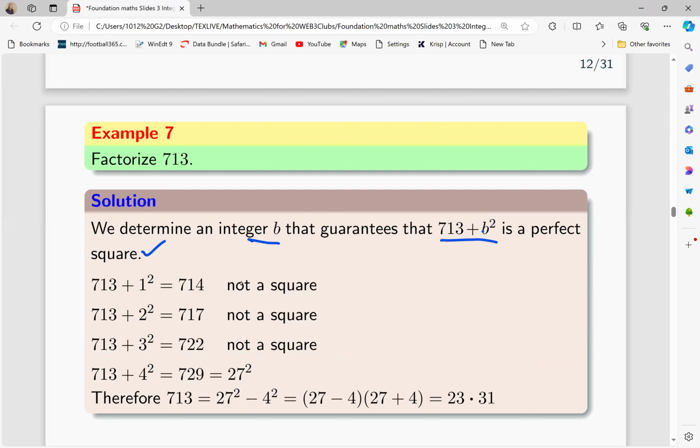We're just trying to see which one will give us a perfect square. So we try 1. We have 713, and we add 1 squared, which gives 714. 714 is not a perfect square because it will not give us a whole number square root. Let's try 2. 713 plus 4 is 717. Again, this is not a perfect square. Then you try 3.